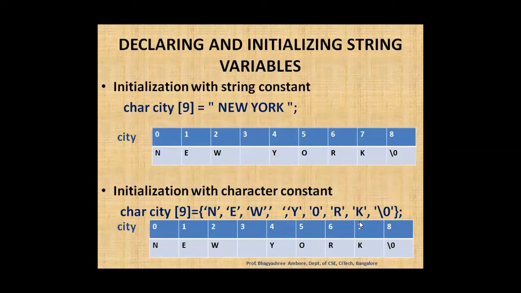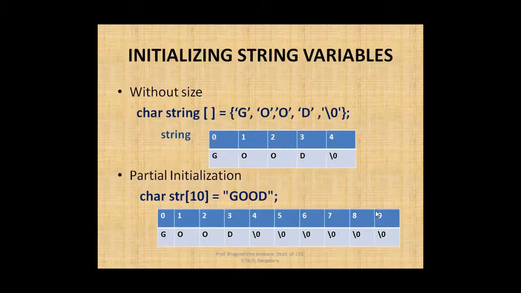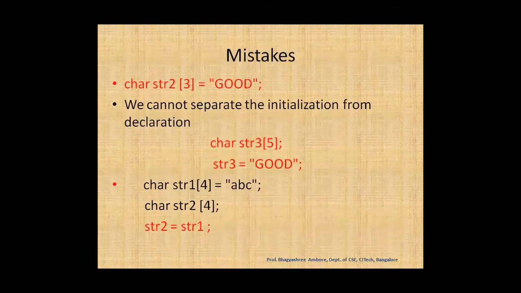The second one is with character constants. In a string constant, we are not writing the null character; the compiler will write it automatically. In this case, we have to write the null character to tell the compiler this is the end of my character array constant. Now, without size, it will count the size and fix it. In partial initialization, whatever characters you have given will be filled, and later everything will be filled with a null character.